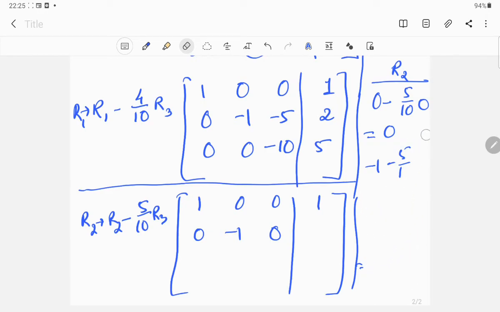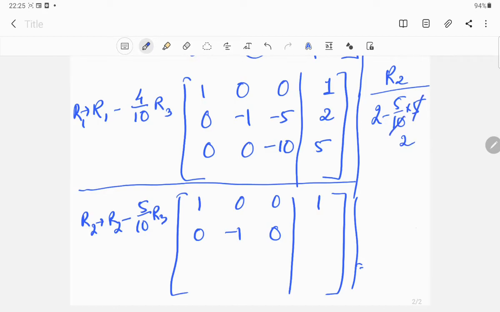And then for R2, the last element, 2 minus 5 by 10 into 5. 5 2s are 10. 2 minus 5 by 2. 4 minus 5.